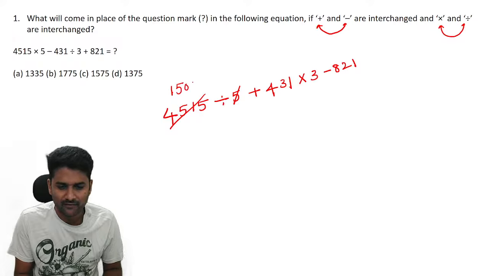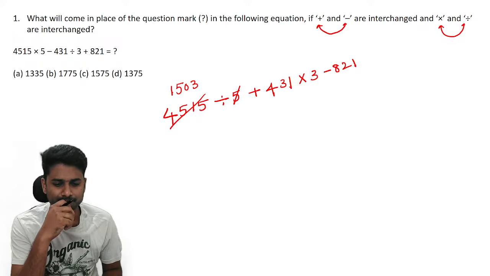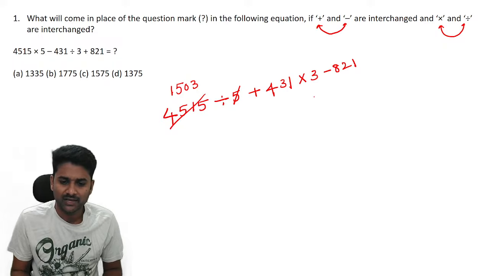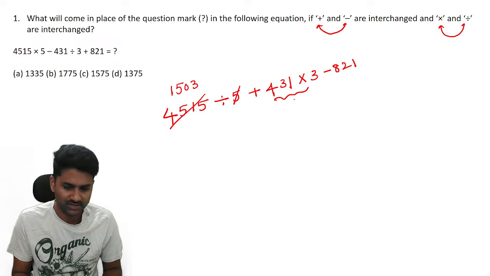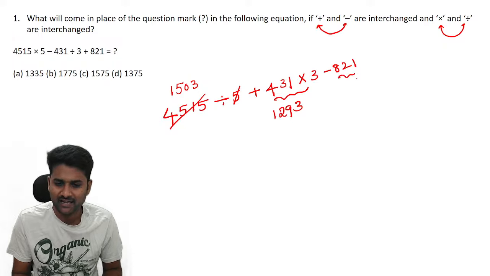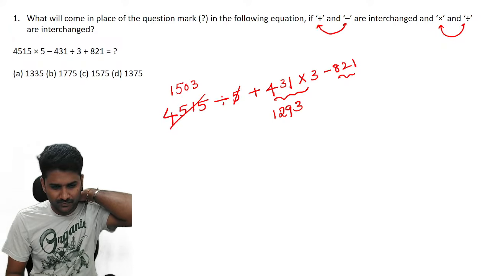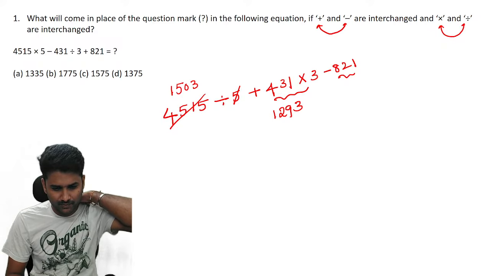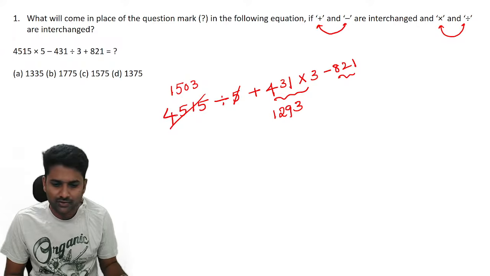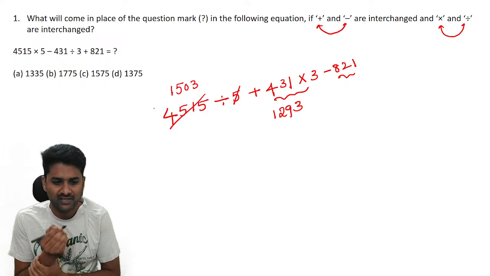So it's 1503. Again 431 into 3, it's 3, 9, 12, so 1293, and finally it's 821. So go through the simplification and find the resultant.